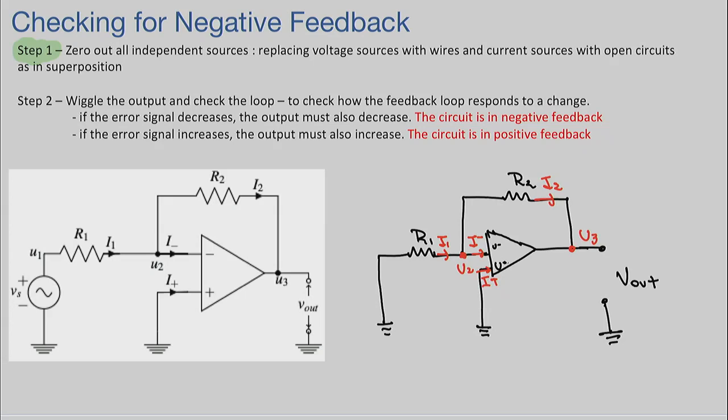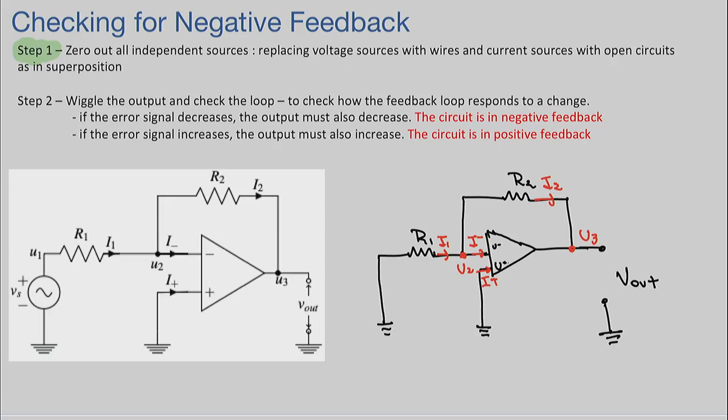When you wiggle the output a little bit, what is your amplifier going to do? Is it going to increase your output further, or is it going to correct and decrease the output? So you have to go with your intuition and what you learned so far.